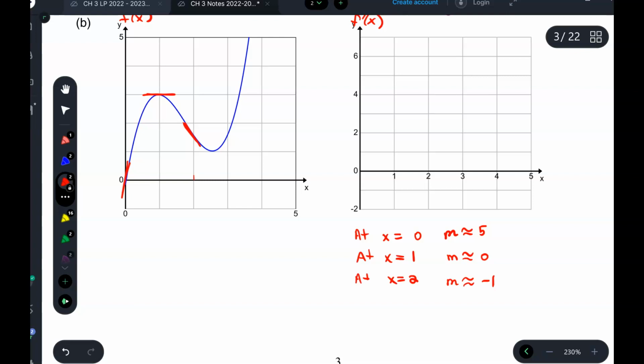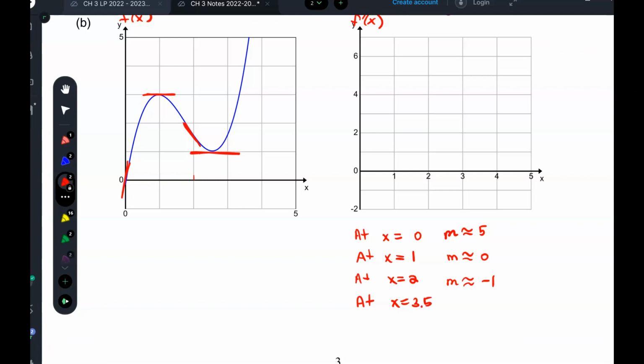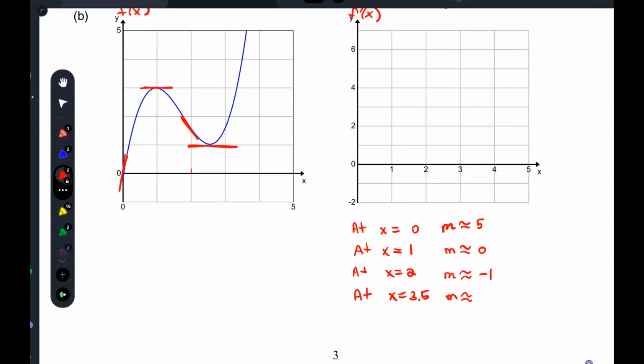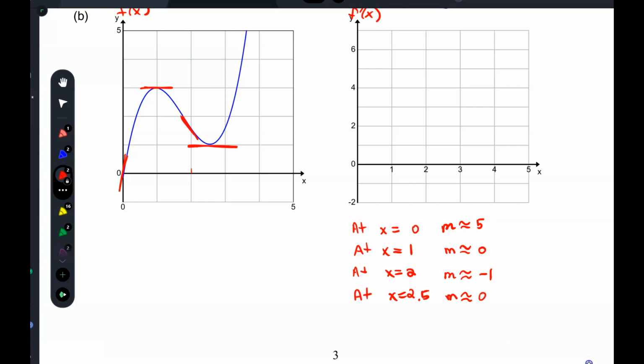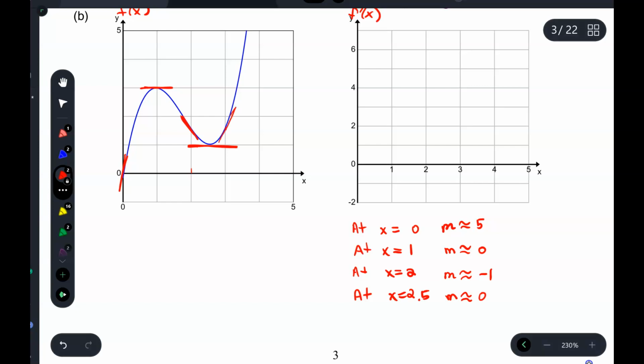And then at 2.5, the slope is 0. Again, this is approximate. It doesn't have to be perfect, because at the end of the day, we'll all have a very similar result for the derivative slope. Let's do one more and stop at 3.